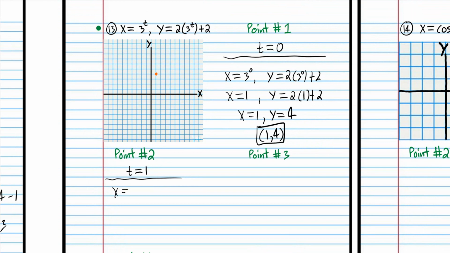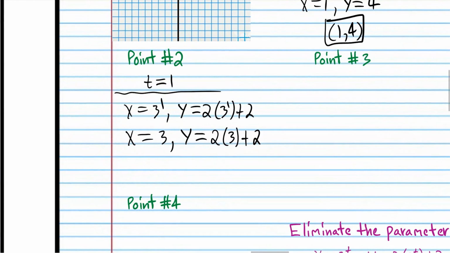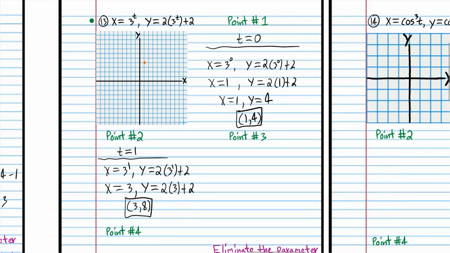So x is 3 to the 1 power, y is 2 times 3 to the 1 power plus 2. So x is 3, y is 2 times 3 plus 2, which is 8. So 3, 8.